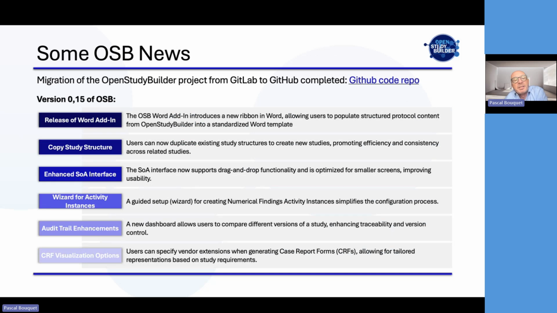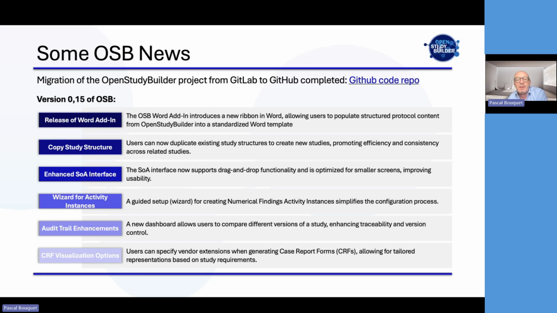A few news items you might have seen as well from the last release; again, refer to the LinkedIn posting from Katya. We had this Word add-in, which allows you to get in Word all the structured protocol content that we have in Open Study Builder, generated in a Word template.